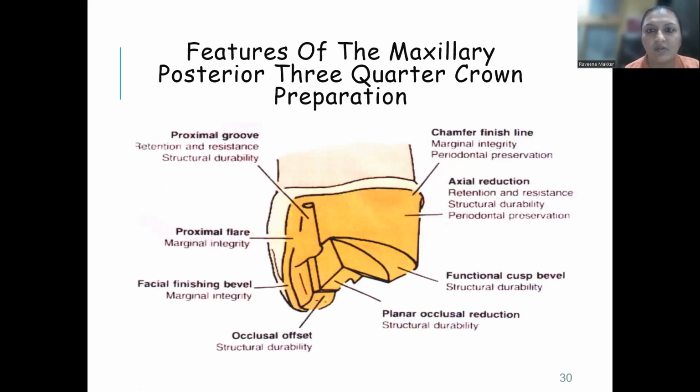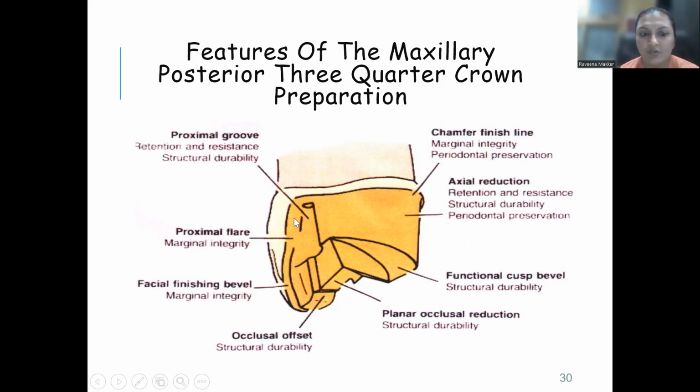Now, these are the features of the maxillary posterior 3/4 crown preparation. First of all, we had studied the planar occlusal reduction, which provides structural durability, followed by the functional cusp bevel, which serves the same purpose. Then is the axial reduction, the lingual and the proximal axial reduction, creating a chamfer finish line. Then proximal grooves are placed, which provide retention, resistance and structural durability on either side, mesial as well as distal.